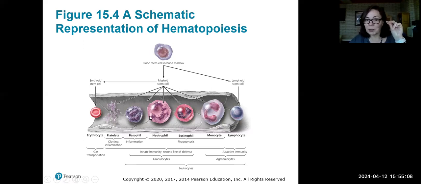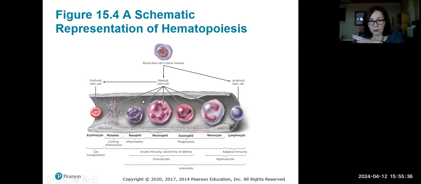They look like they have little bubbles in them. Notice that the names all end in "phil," which means love, and it has to do with which of the stains they love, which ones they bind to or bind to them. These are the basophils, neutrophils, and eosinophils. And then the ones that we say are agranulocytes that don't have all of the bubbles are the monocytes.